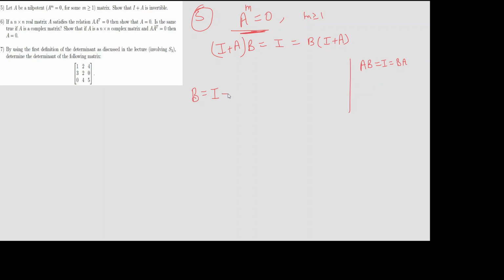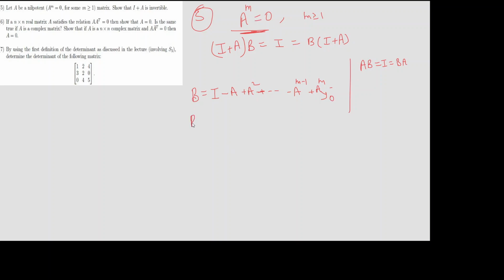So if you consider I minus A plus A square, like that up to A to the power m minus 1, and plus A to the power m, this last term is basically 0 because A to the power m is equal to 0.